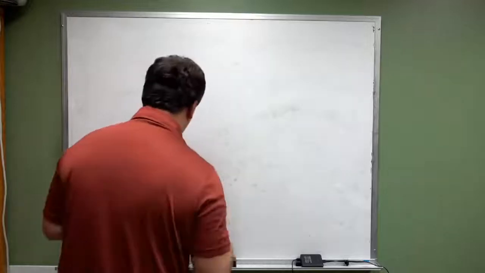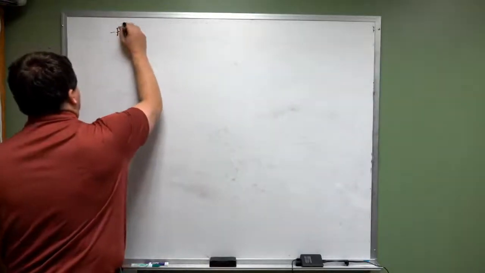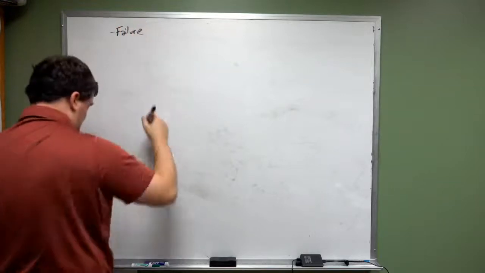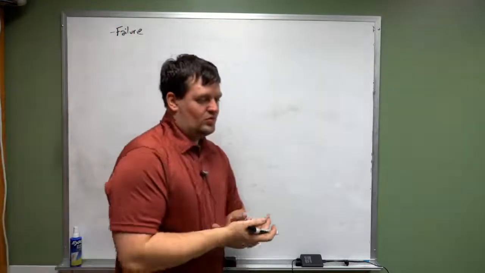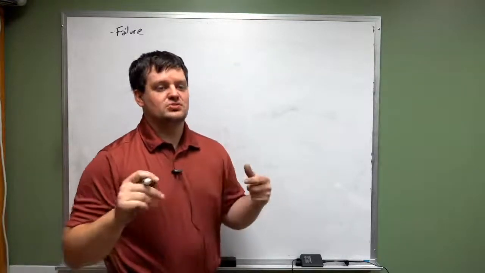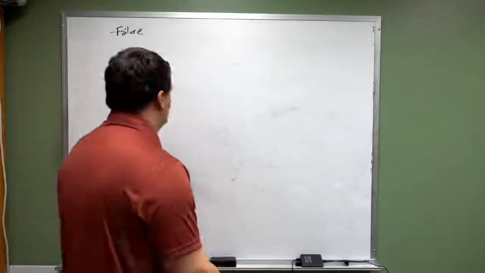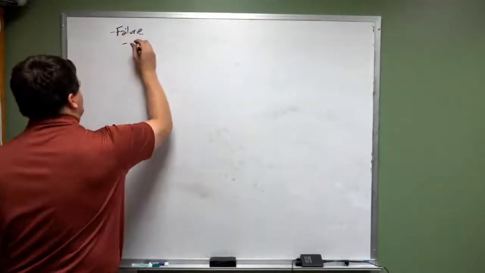Okay. The second major component of this course is designing for failure, okay? Why is failure important? Because quite frankly, your job as an engineer is to ensure a component does not fail. Failure can mean a bunch of things.